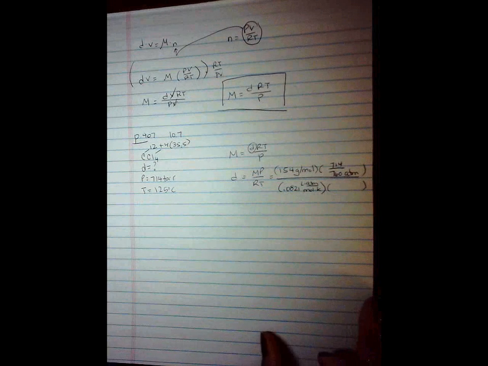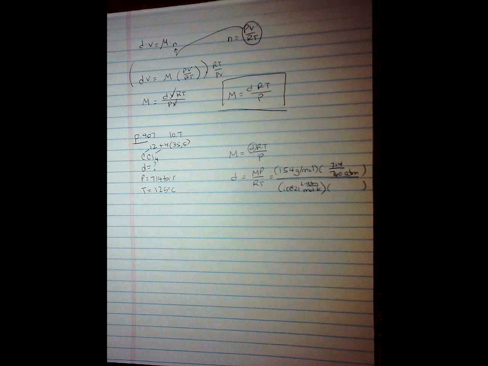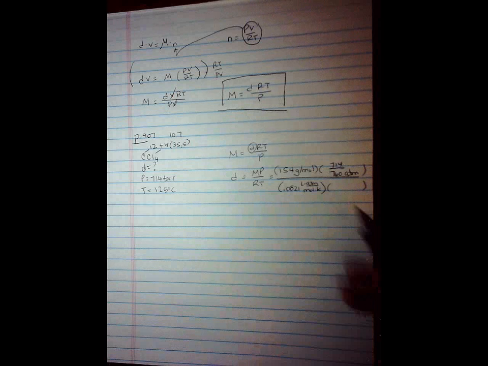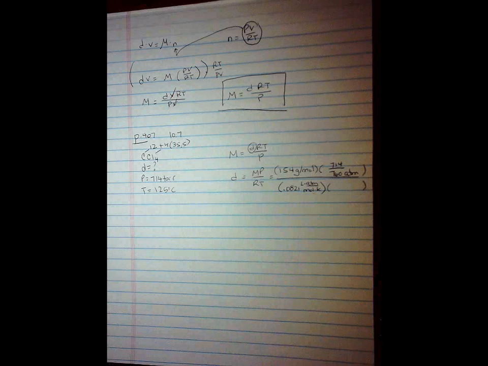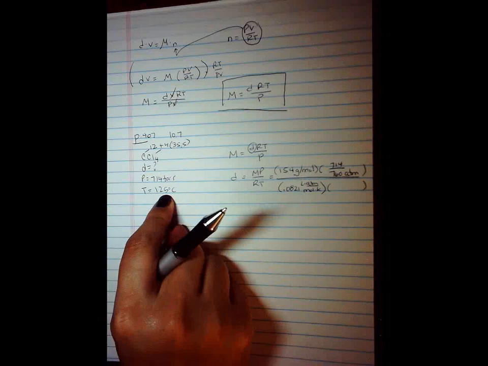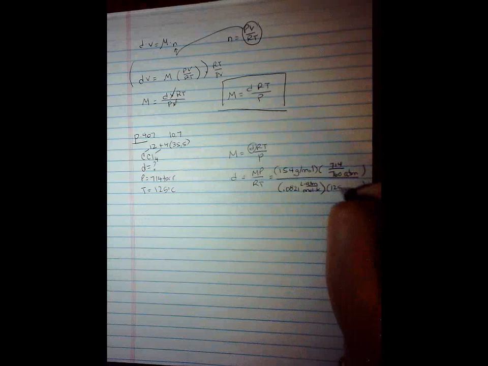Because I'm technically not going to pull out my calculator until the last minute, and I'm only going to do one single step in my calculator and round once at the end. All right, what about the temperature? According to that unit right there for R, what does temperature have to be in? Kelvin. And how do I change that to Kelvin? It's 125 plus 273.